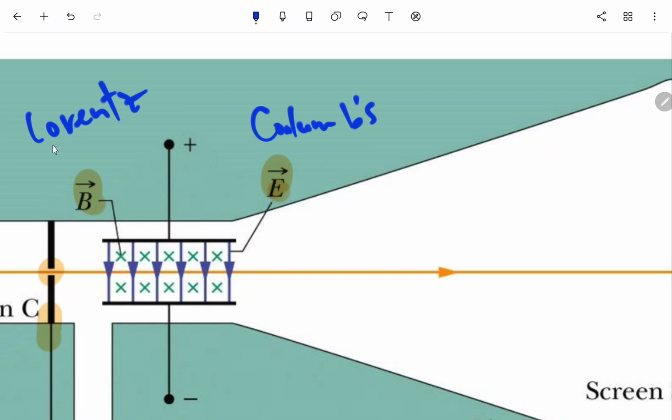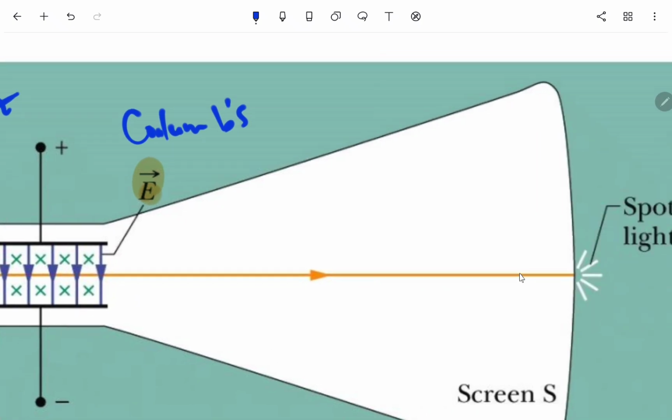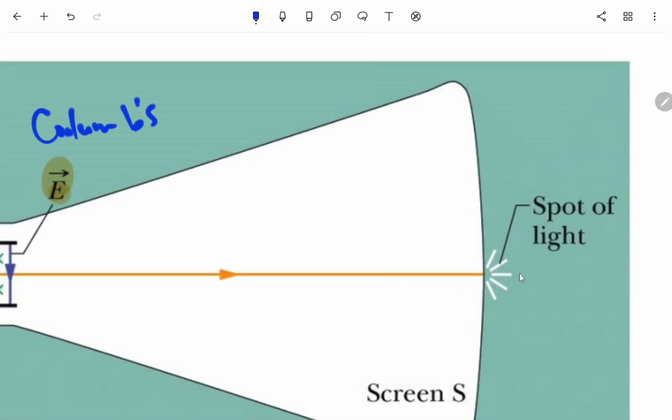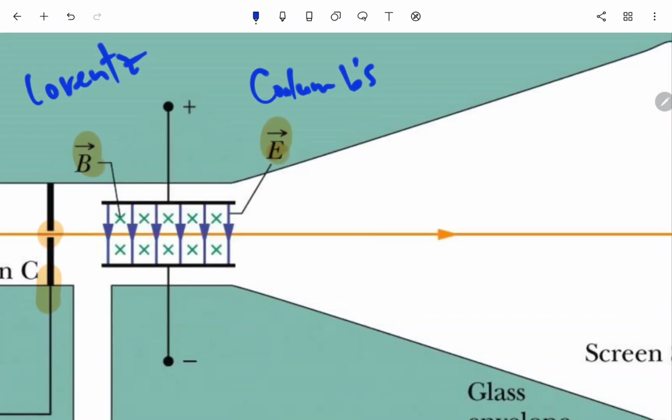But here, this part is very strange. Here we also assume that the net force acting on this electron is perfectly zero, so there won't be any acceleration here.